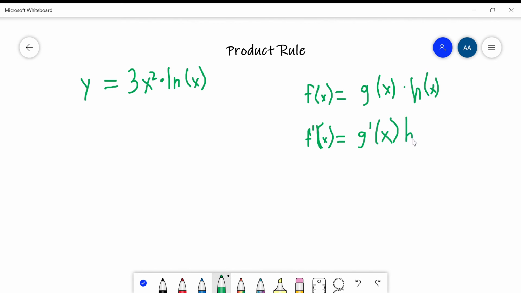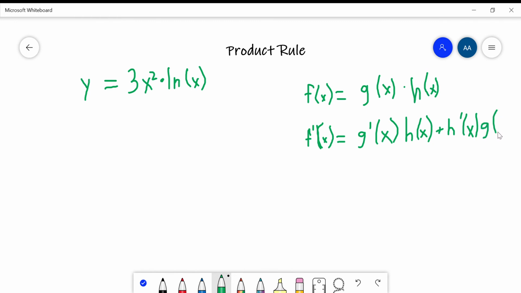Well, it sort of does. Times h of x. And keep in mind that this one is the derivative of g of x, but this one is not the derivative of h of x. However, here we have the derivative of h of x with normal g of x.